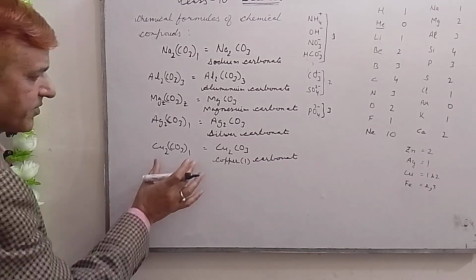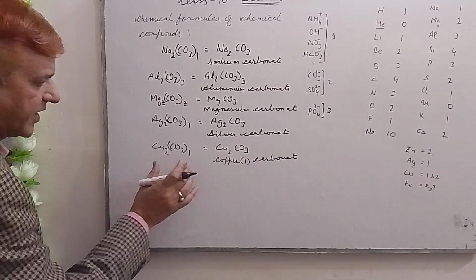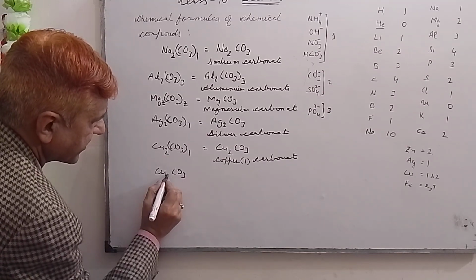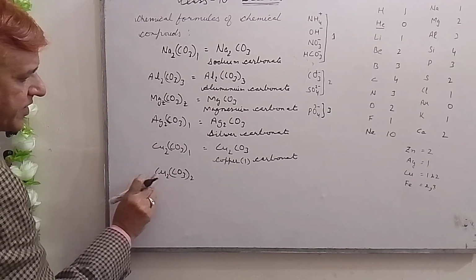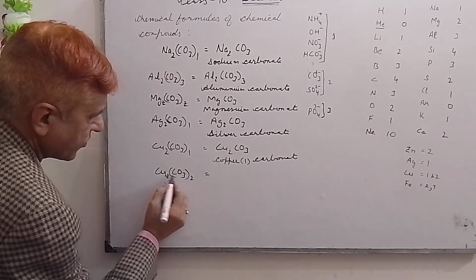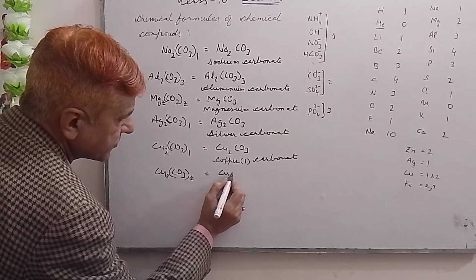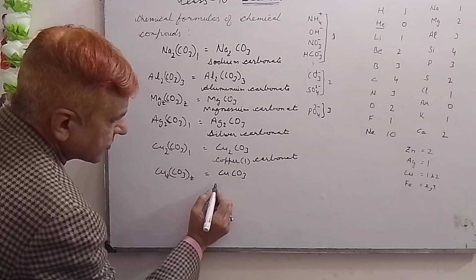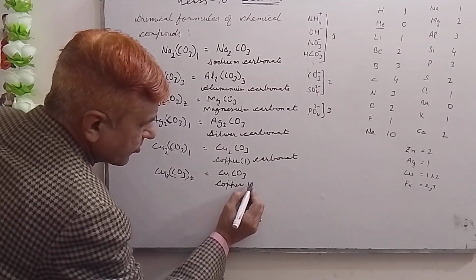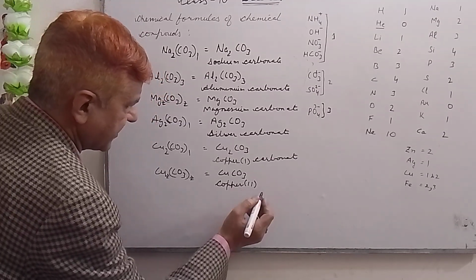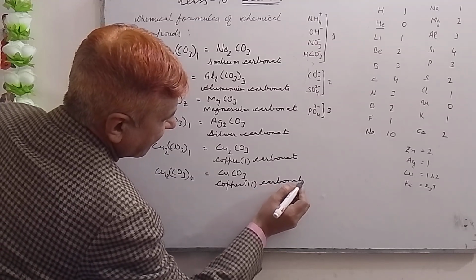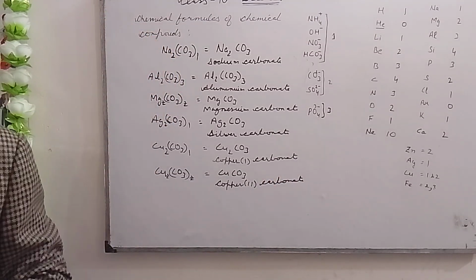Then I am writing copper carbonate taking the valency of copper as 2. So the 2 and 2 get cancelled, and we have CuCO3. Copper, with the valency I have taken, 2, inside brackets, and carbonate.